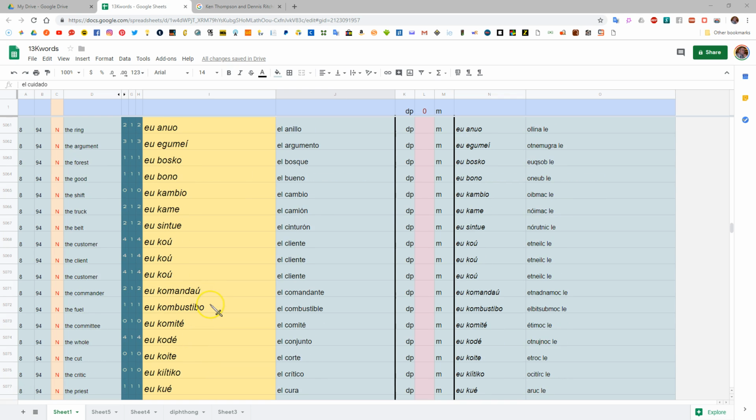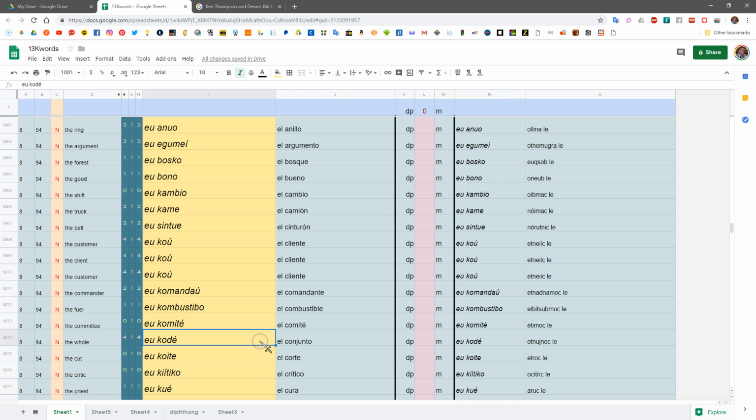Combustible. That's pretty combustible. Code. Conjunto. Code. Comite.